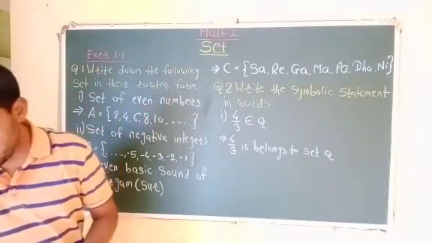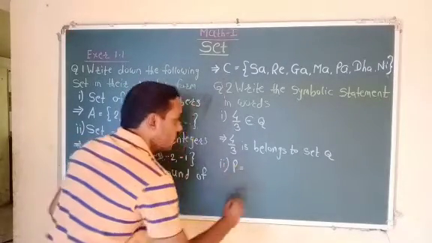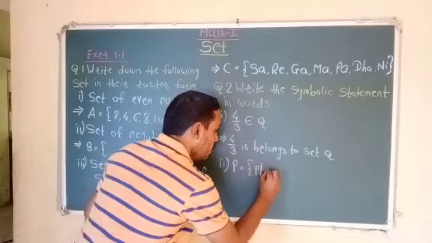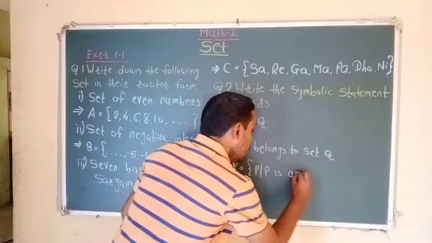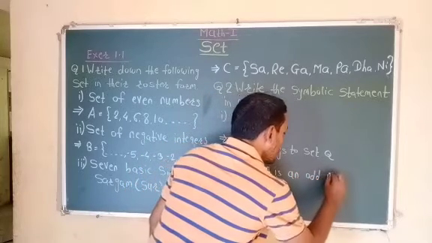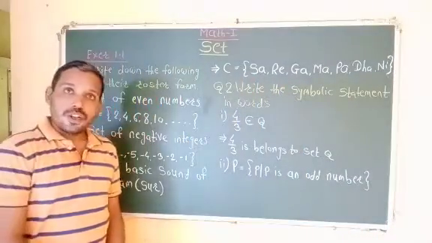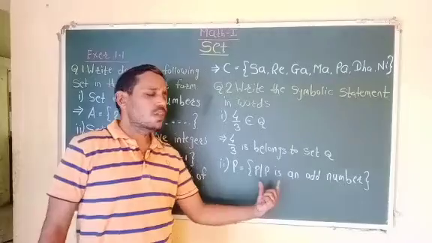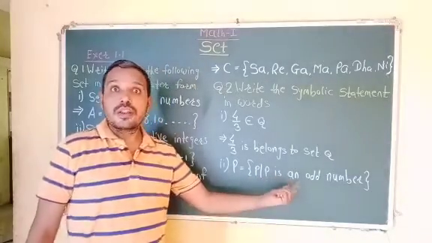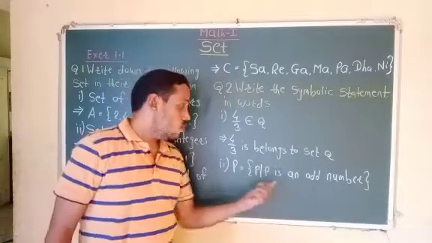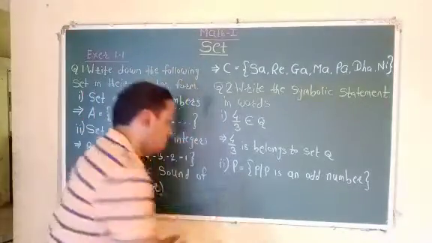Let us see one more. P is equal to {P such that P is an odd number}. We know that when we write down a set in this way, that method we call the rule method. So it is the rule method form, and in that rule method form P is the set.